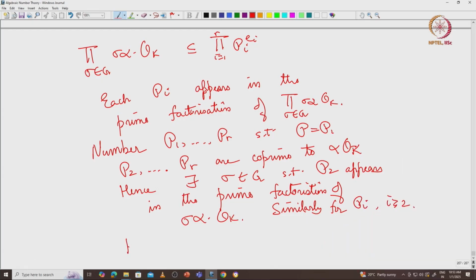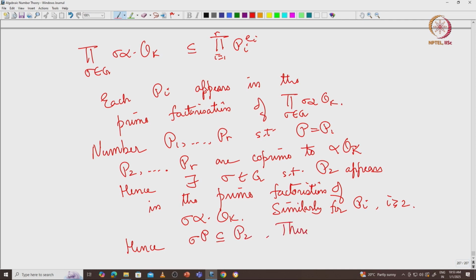Hence sigma of P, or P1, is contained in P2 for this particular sigma.